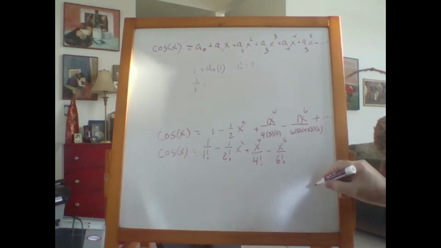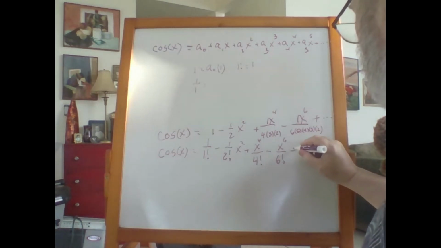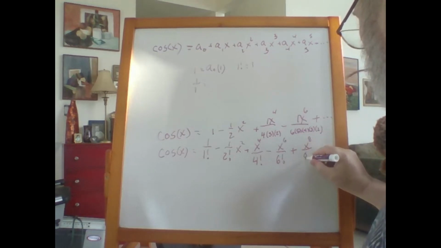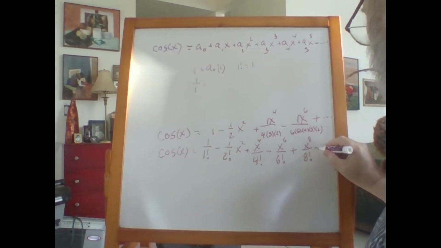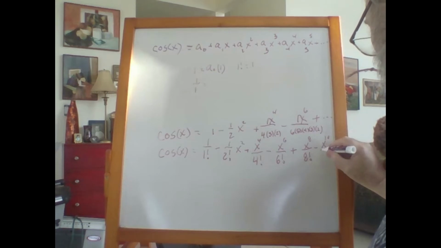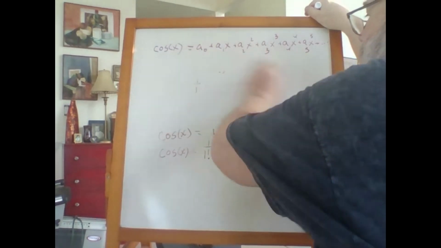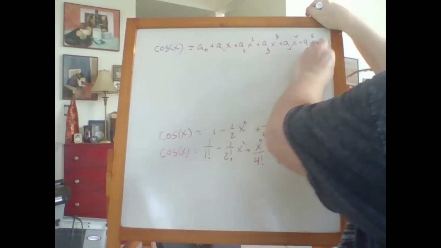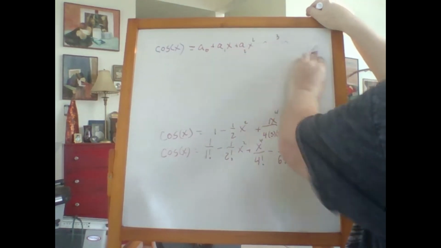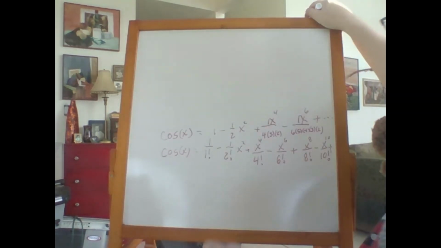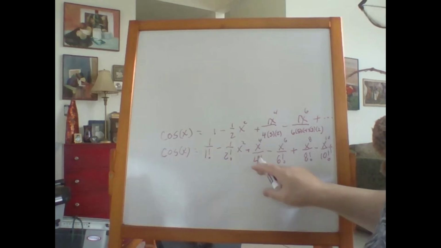And it goes on like this, plus x to the 8th, 8 factorial, minus x to the 10, 10 factorial, and goes on forever. So that's what I was talking about. If you take enough terms and you look for patterns, you're able to find relationships like this.